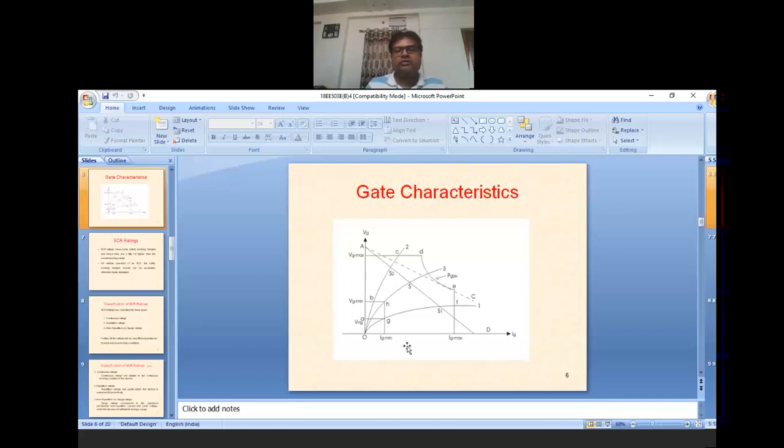Just for comparison, consider that Ig minimum corresponds to an anode voltage of 5 volts, and corresponding Vg minimum, let it be 0.8 volts.